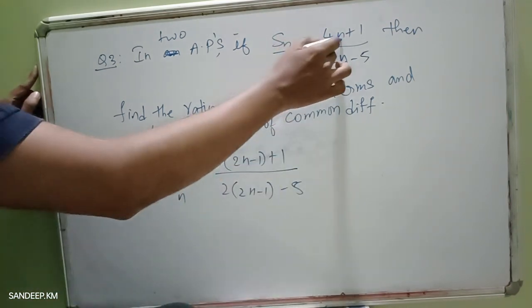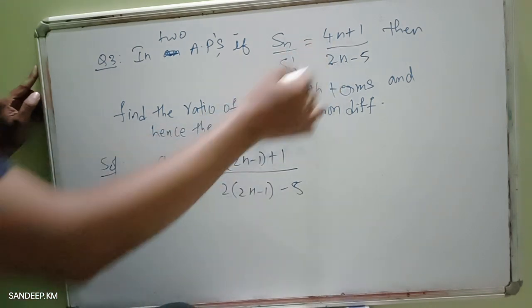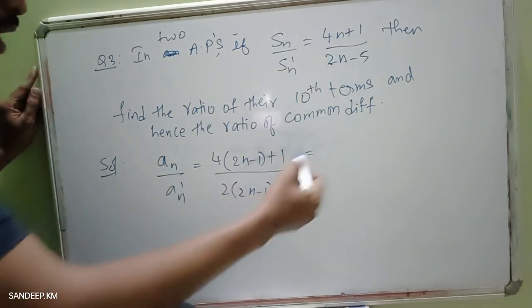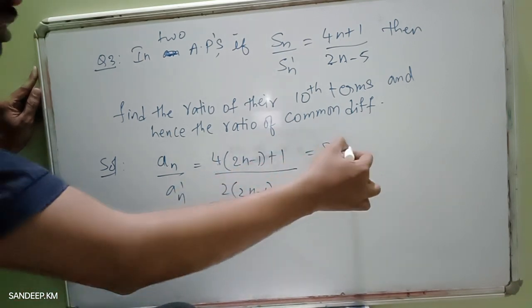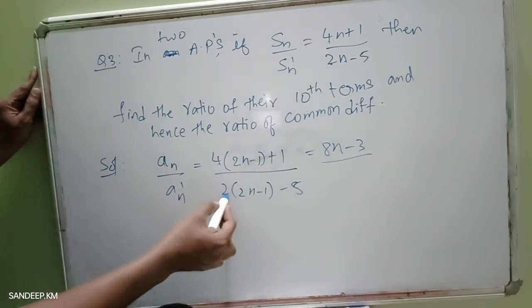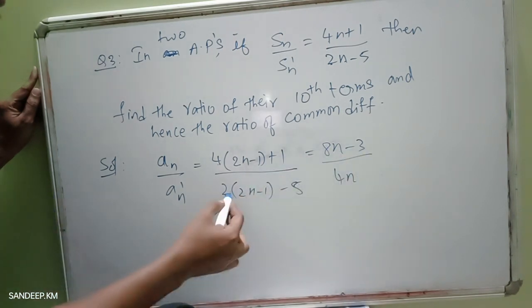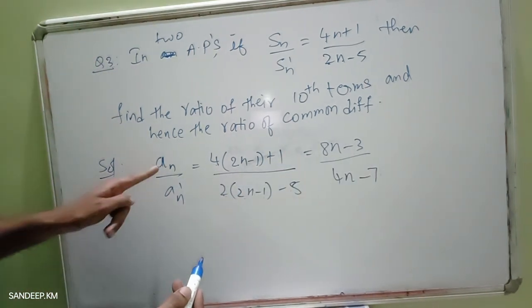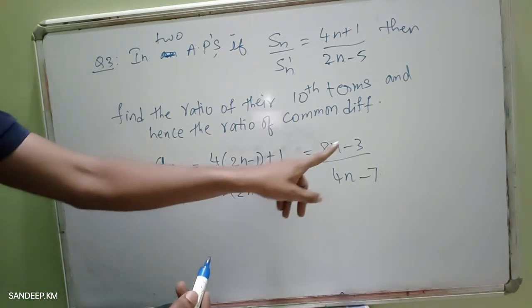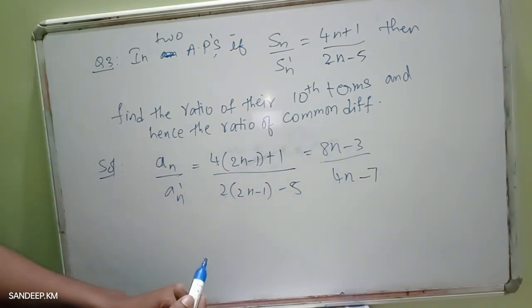Simply, n is replaced with 2n minus 1. Now if I expand it, I get 4 2s are 8n minus 4 plus 1 is minus 3, by 2 2s are 4n minus 2 minus 5 is minus 7. So the ratio of their nth terms is (8n minus 3) by (4n minus 7).